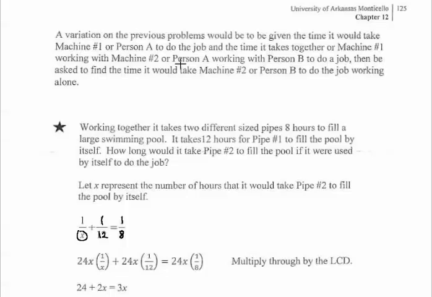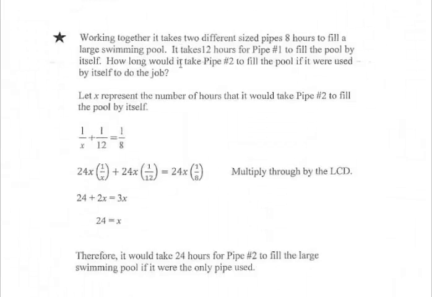And really it's just as easy as setting up the previous examples. The x just goes into a different place, and we work the equation in the same way. You see that the workbook writes out to the side, multiply by the LCD, and here we see the LCD appearing in each of the fractions.